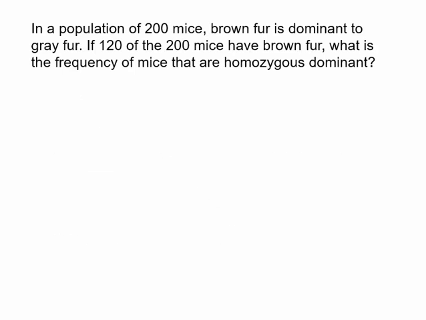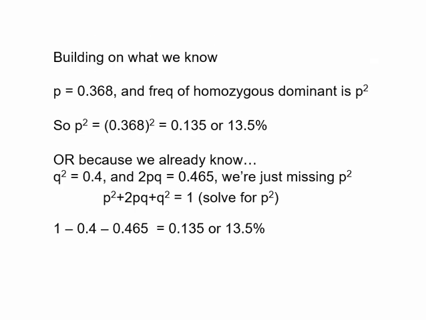All right, so let's continue this same example so you can use some of the numbers you already have calculated. What's the frequency of mice that are homozygous dominant? All right, so we already have some numbers to work with here. It's just p squared. We know what p is.